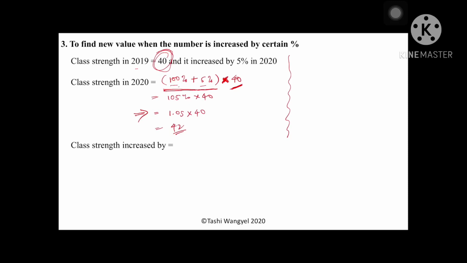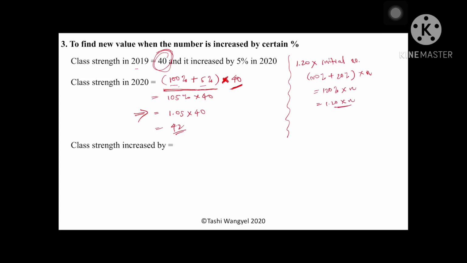For a 20% increase, it is 1.20 into the initial number, because 100% plus 20% is 120%, and 120 by 100 is 1.20.